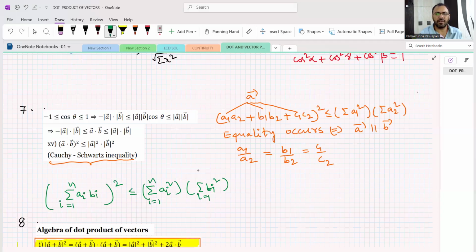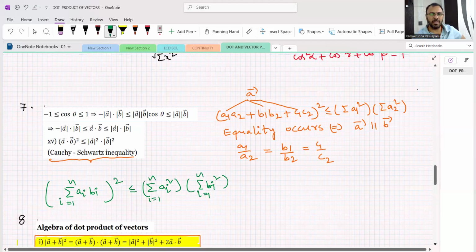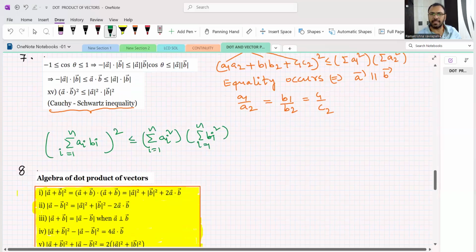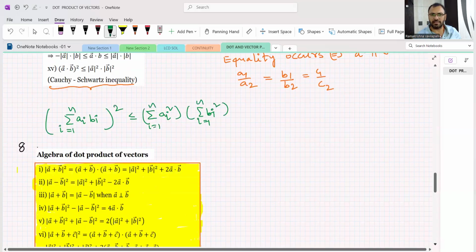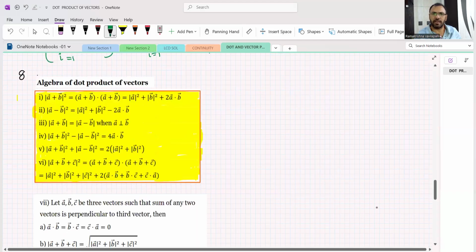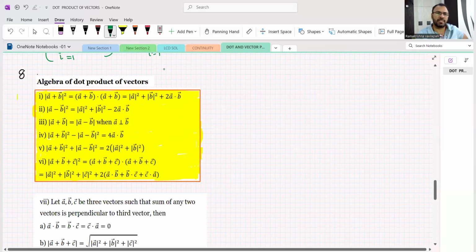So this is a very good inequality to solve questions in mathematical Olympiad. Now, what is the algebra of dot product of vectors, which plays a very vital role in solving questions?